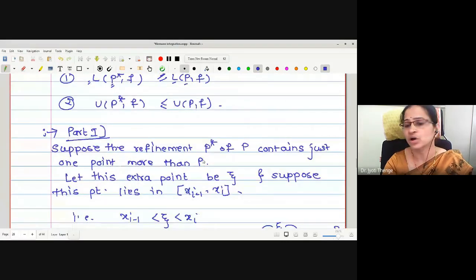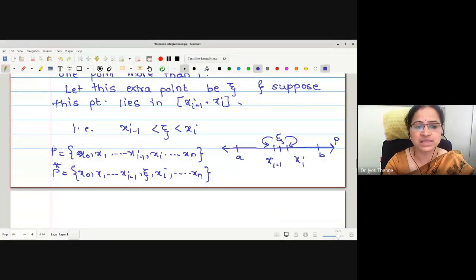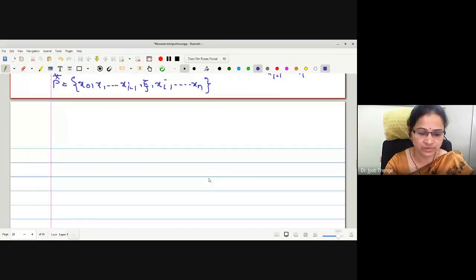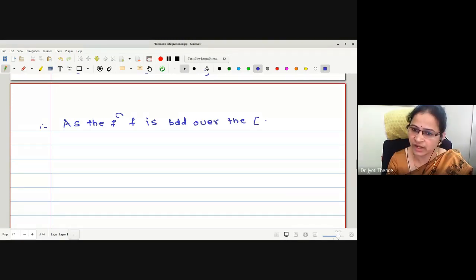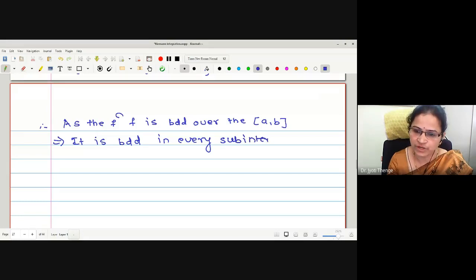The function is bounded over the whole interval a to b. Therefore, may I say the function is still bounded over every subinterval we have made, right? I will write this statement as: the function f is bounded over the entire closed interval a to b. May I say it is bounded in every subinterval of P star.